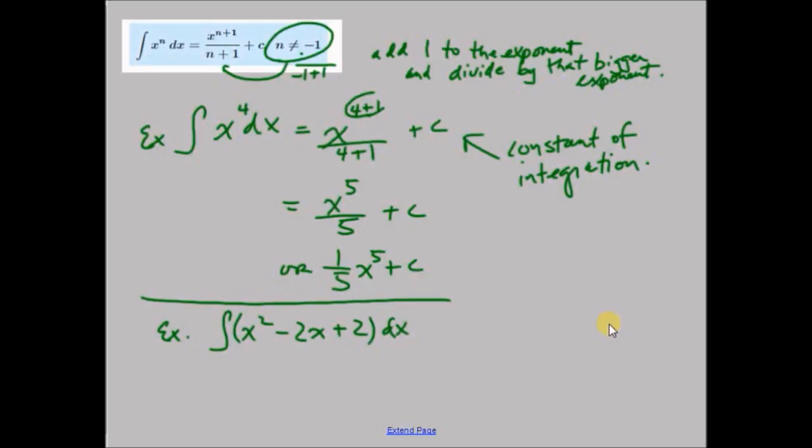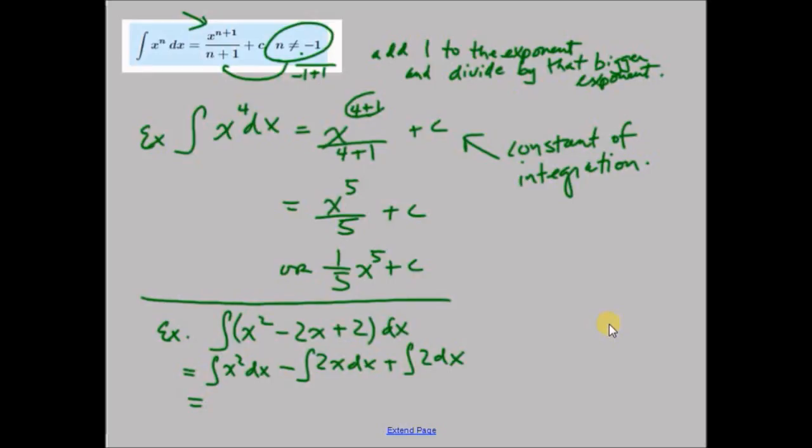Our properties of integrals tell us that this could equal this part, subtract the integral of 2x, plus the integral of 2. In other words, we're going to look at the integral of each of these terms separately from each other. So we can still follow this same rule up here.